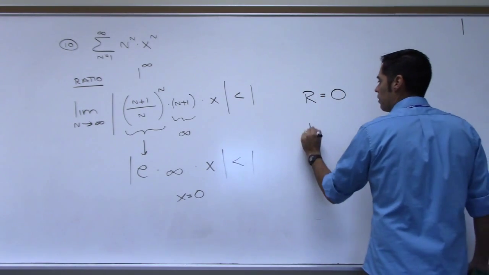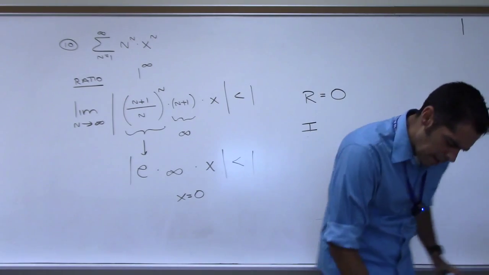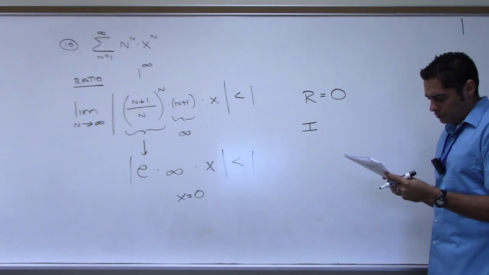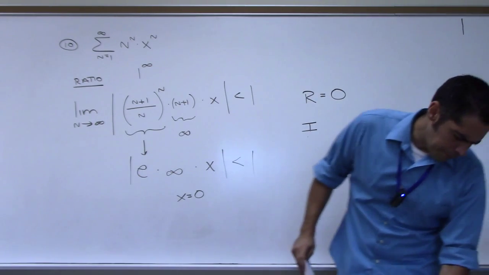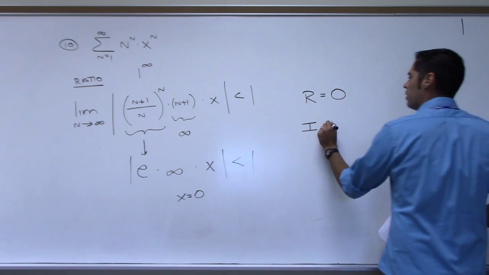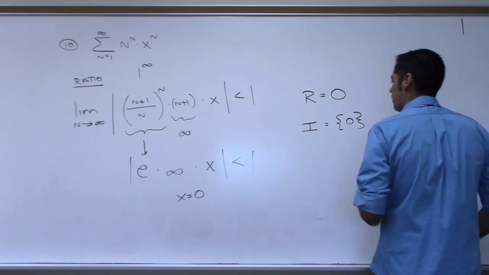And the interval of convergence is, how do they want me to represent this? The interval of convergence is just the single number 0.